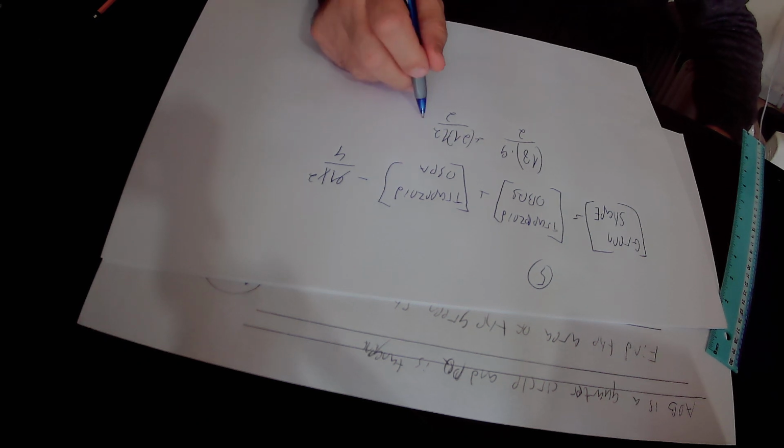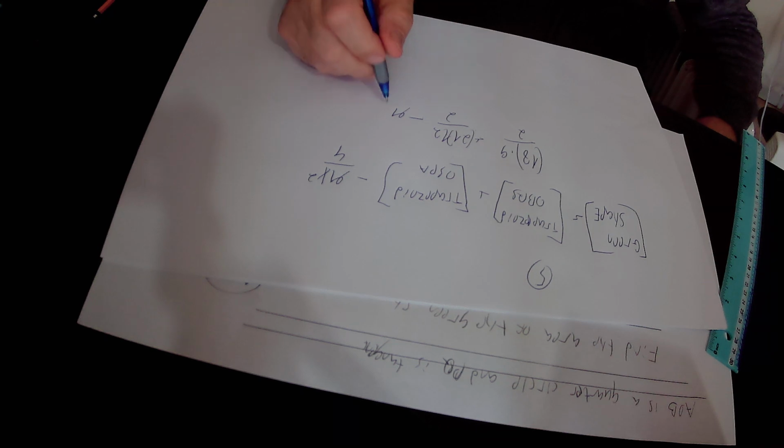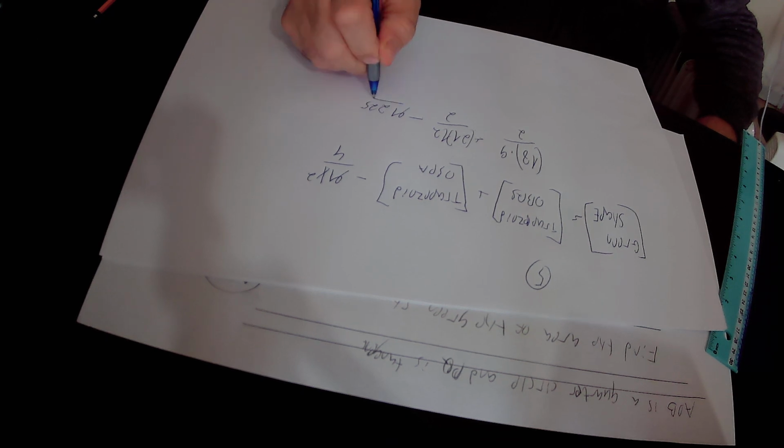Minus the area of the quarter circle, that is pi x squared over 4. So it is pi, x is 15, therefore x squared is 15 squared, that is 225, over 4.